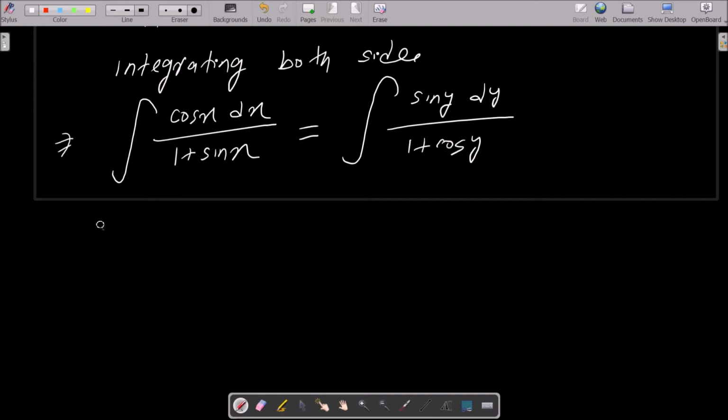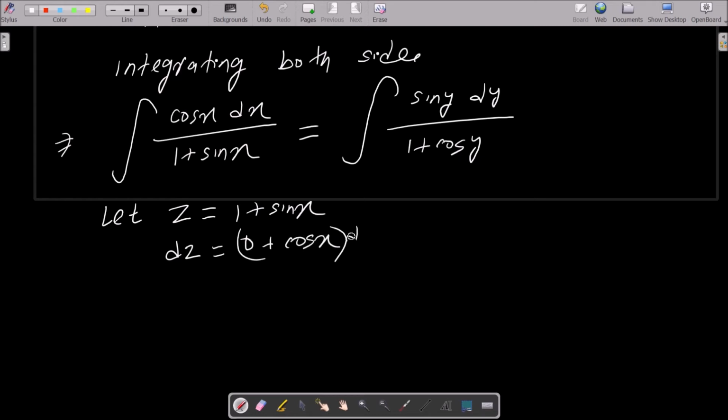For this one let z equal 1 plus sin x, then dz equals the differentiation of 1 which is 0, plus differentiation of sin which is cos x dx, so dz equals cos x dx.